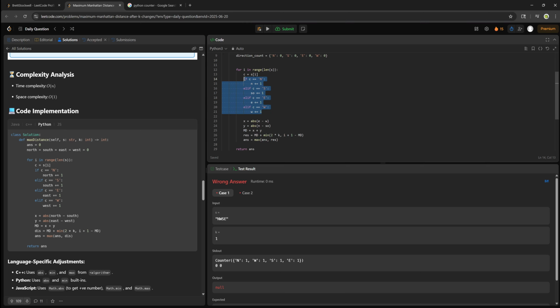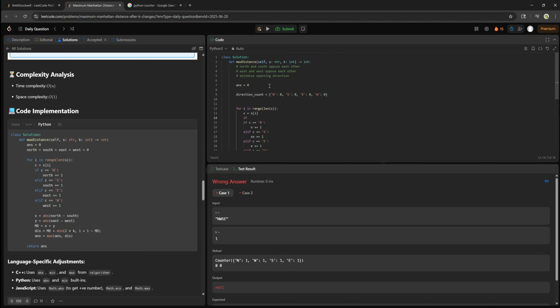direction count, and directions equals north equals 1, south equals -1, east equals 1, west equals -1.